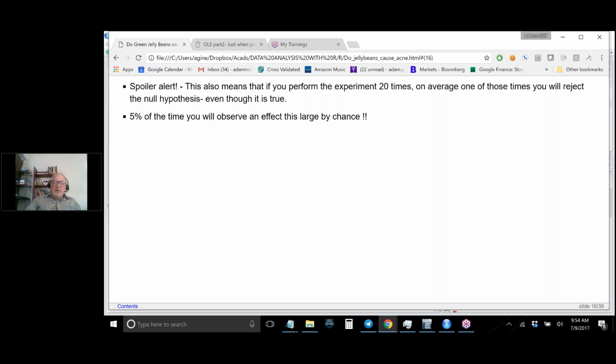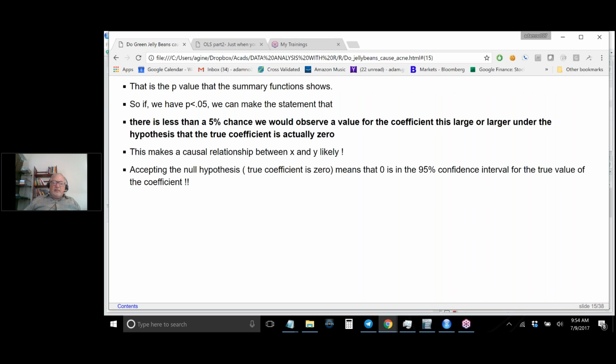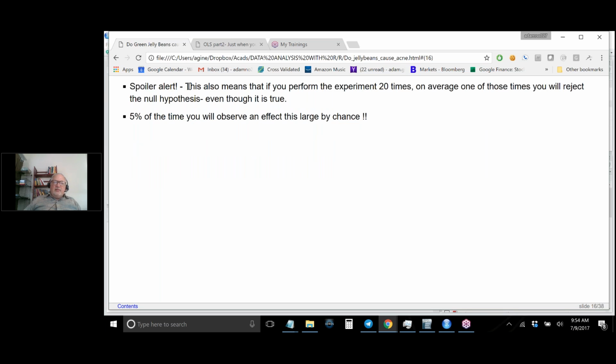Now, I said 0 is in the 95% confidence interval for the true coefficient. This means that if you perform this experiment 20 times, 5% is 1 out of 20. So on average, 1 of the 20 times, you will reject the null hypothesis that the coefficient is 0, even though it's true. 5% of the time, you will observe an effect this large by chance. That's what a 95% confidence interval means.